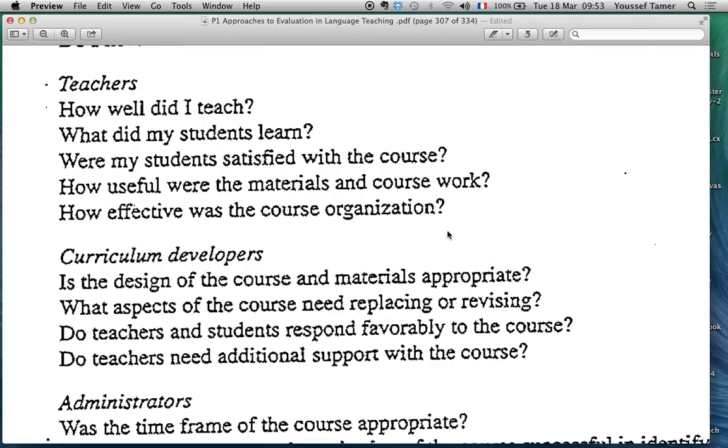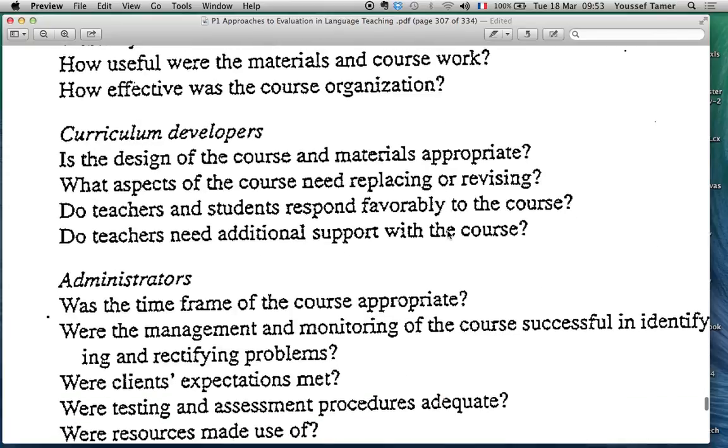Okay. Then the curriculum developers, you have, is the design of the course and materials appropriate? The design, the organization. So what we call in French l'architecture pédagogique, or the canevas, okay? What aspects of the course need replacing or revising? Okay, there are things to be revised all the time, okay?